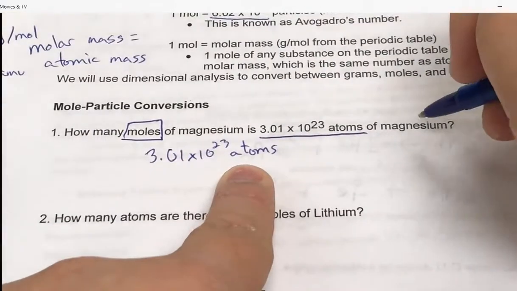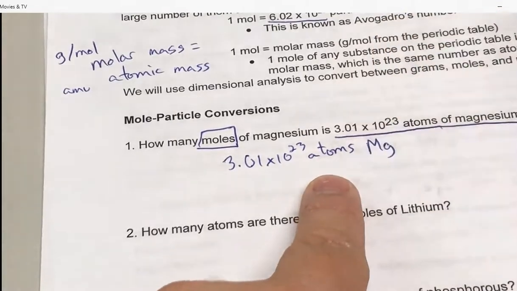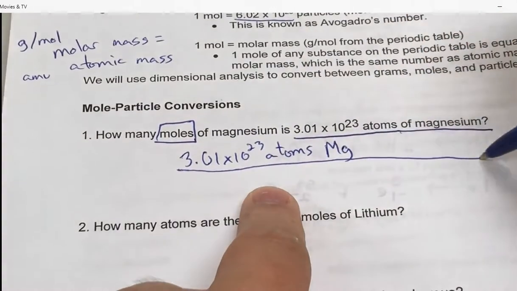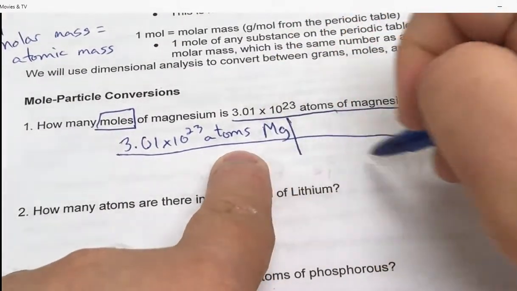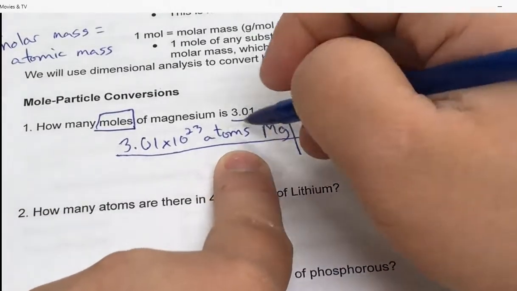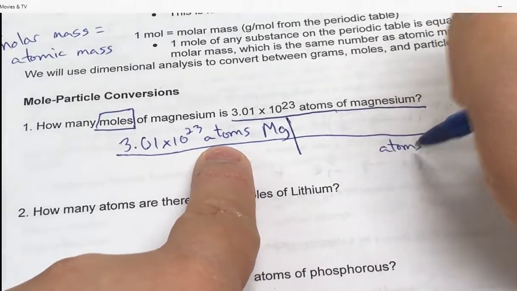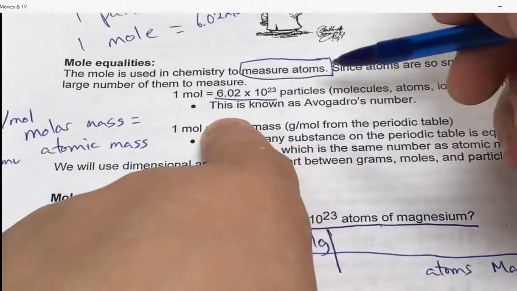It's not just atoms, it's atoms of magnesium. So atoms Mg. The second step in dimensional analysis after you've written your given, just draw your train track. The third step is we bring our unit down. You did this before with dimensional analysis. We're going to do it again. Atoms of Mg goes to the bottom, and up at the top we just learned this conversion.